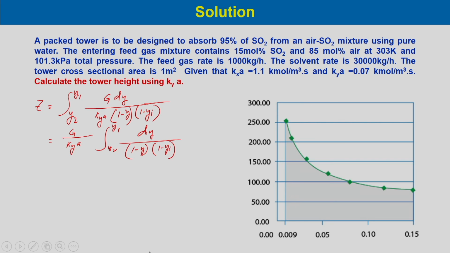Now, if we plot in this figure, the x axis is y and the y axis is 1 by (1 minus y) into (1 minus yI). If we plot the data with the limits we have for x1, y1 and x2, y2, we get this graph, and then we can calculate the area under the curve.